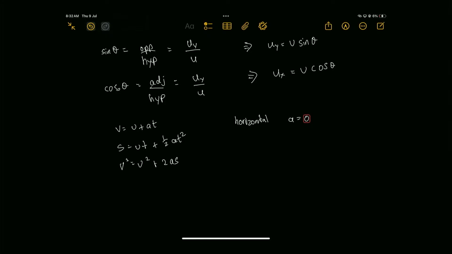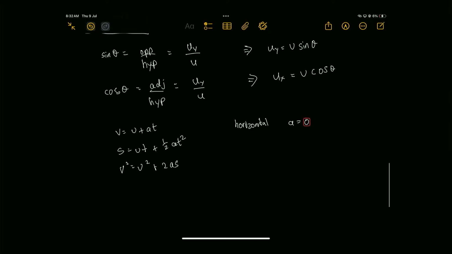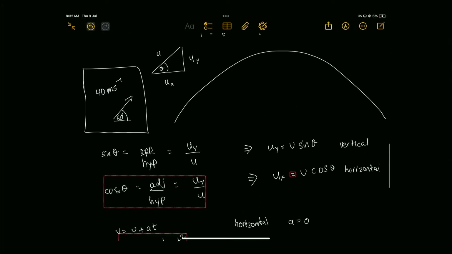Oh, ux is equal to u cos theta. Yeah, so that one is horizontal and uy is vertical. So if we look at the diagram here, this angle here, theta, in the triangle that doesn't have the box, that angle theta is equal to the same initial angle of 60 degrees, right?